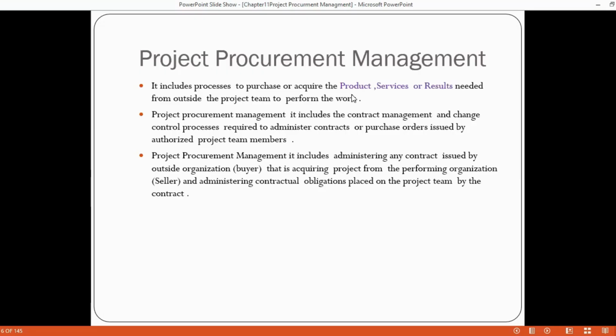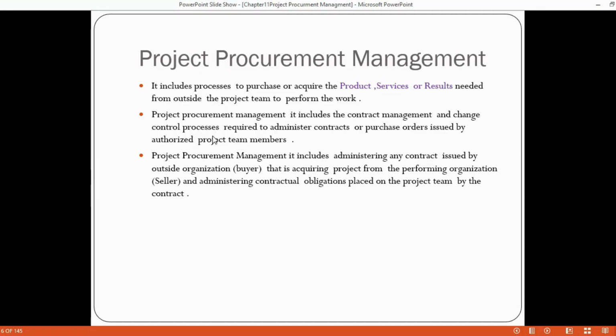Again, procurement is considered a strategic operation which streamlines the business organization goals of purchasing or procuring the product, service, or results in order to achieve the business objectives at a reduced time, at a reduced cost, at an increased profitability, and achieving the business objectives. Customer satisfaction comes later. So project procurement management includes contract management and the change control process.